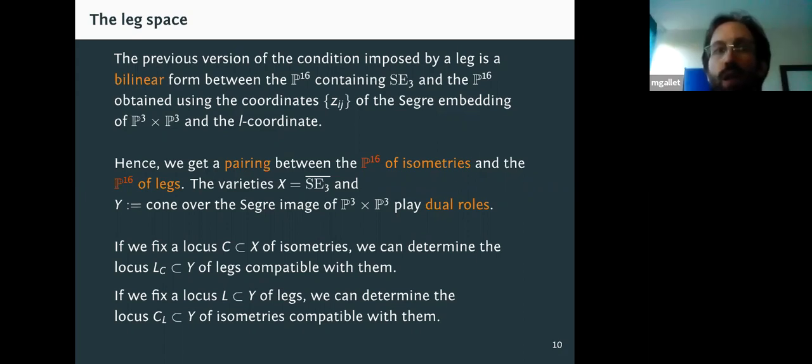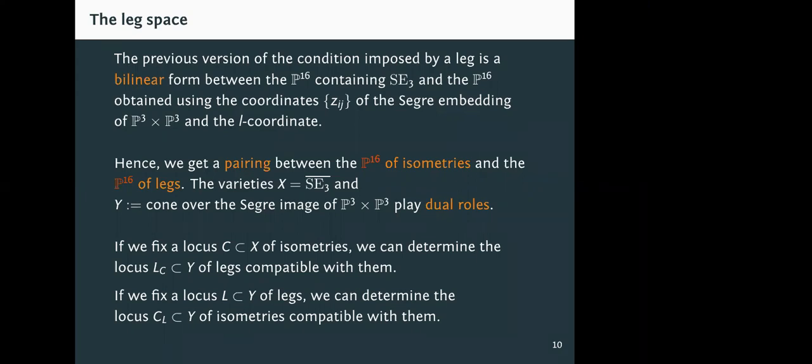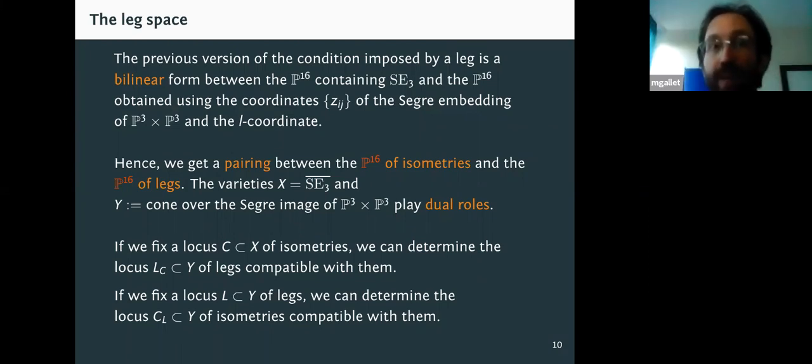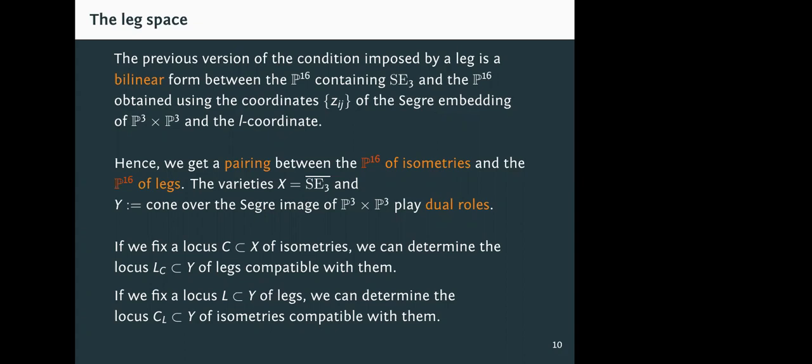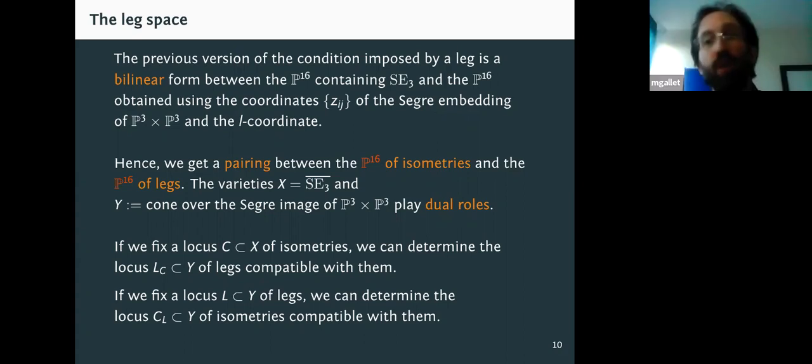Well, the locus constraining the locations of the legs, right? Yes, the locus of legs that are compatible with, for example, the given configurations. So you're limiting where the legs can be. Yes, but I limit that by fixing the configurations that I want to achieve.